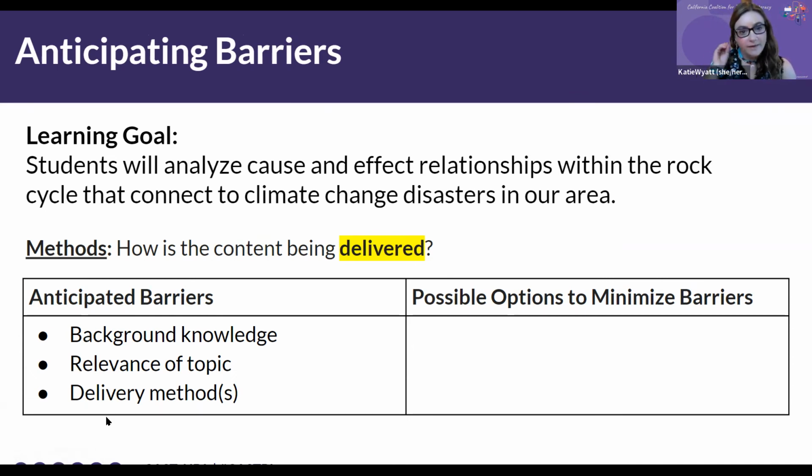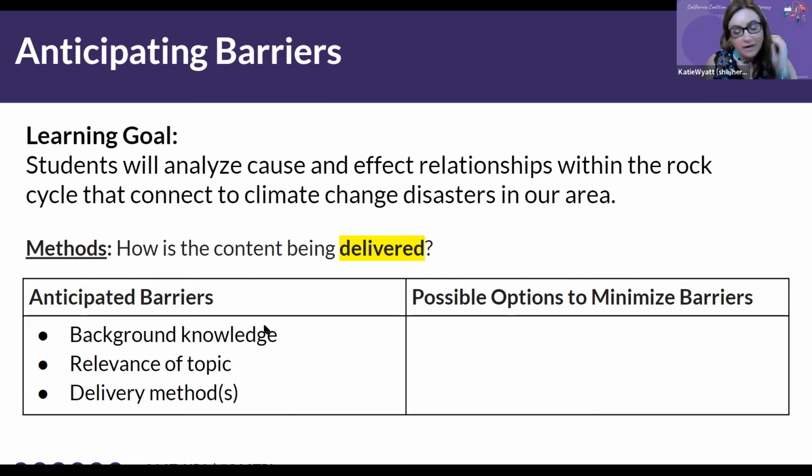The one bucket we're pulling out to unpack together right now is the methods. How is the content being delivered? We don't know much from just having the learning goal. It's not a whole lesson plan, of course, but again, with anticipated barriers, we may or may not be right, but in our mind's eye, what might we have done or seen in order for this material to be delivered?